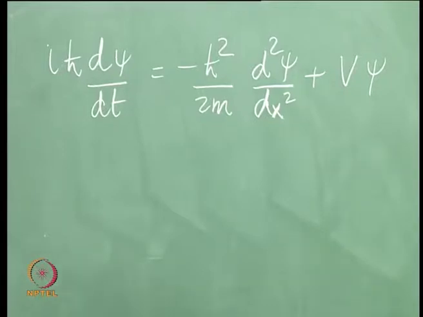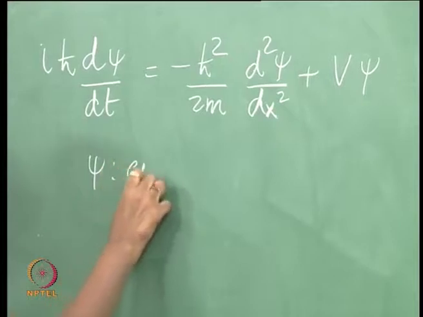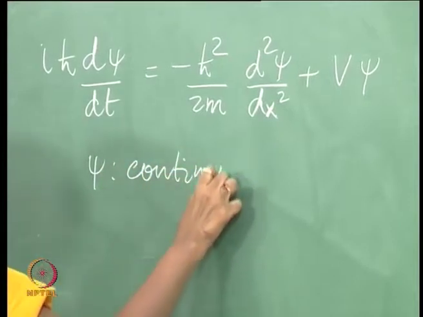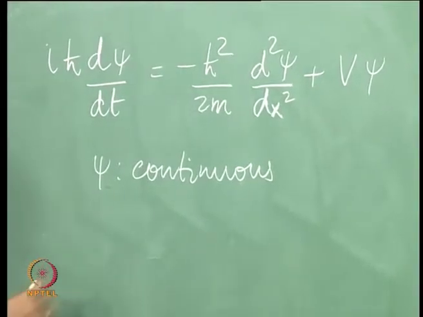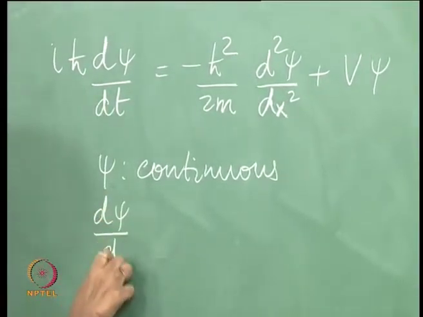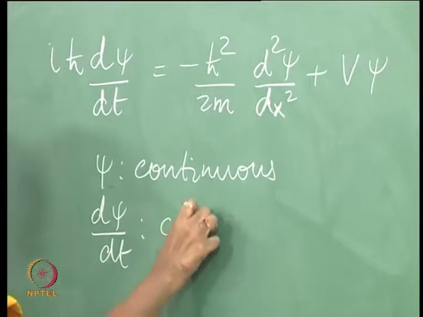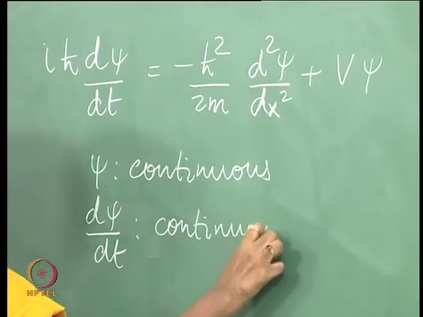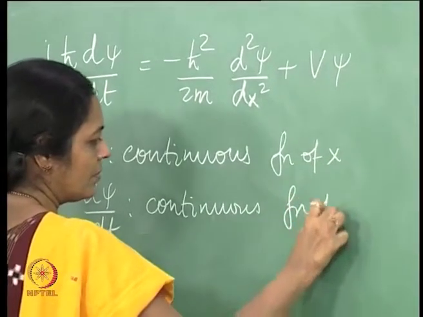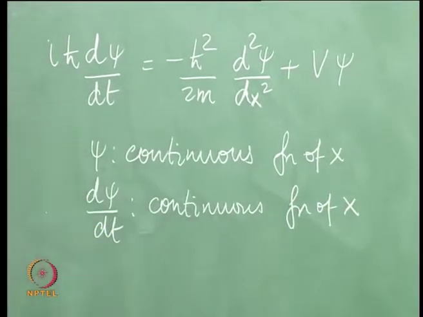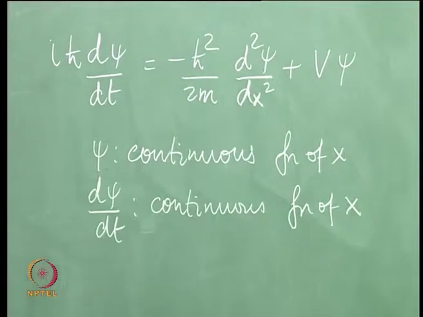You need to take its first derivative and its second derivative. So, psi is continuous and vanishes at space infinity for the probabilistic interpretation. Therefore, d psi by dt is a continuous function of x, that is what we are saying. So, the left hand side in this equation is a continuous function of x.